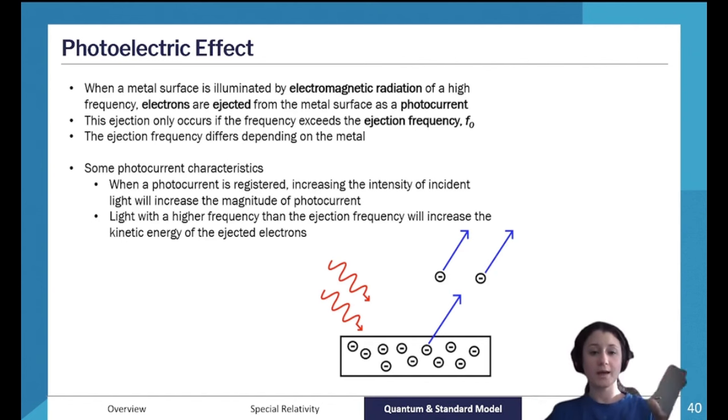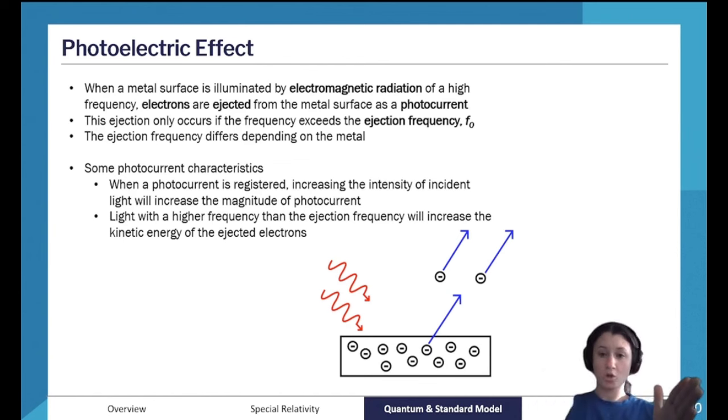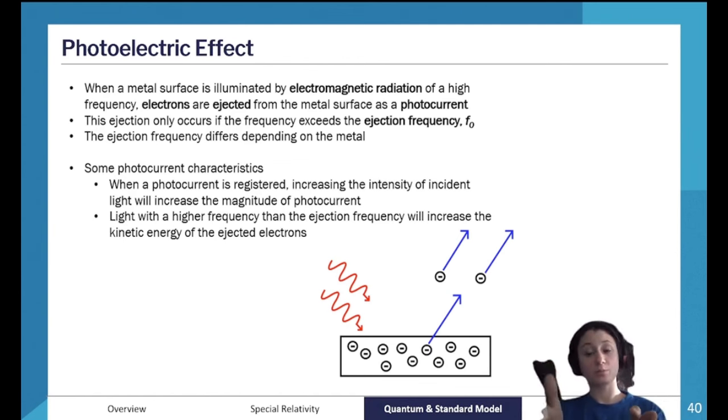So what I'm getting at is the frequency of the light tells you the energy that the electrons have. The brightness of the light, after you reach a threshold frequency, tells you how many electrons there are, right? Frequency, how much energy. Brightness, how many.